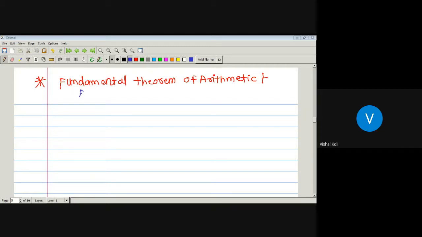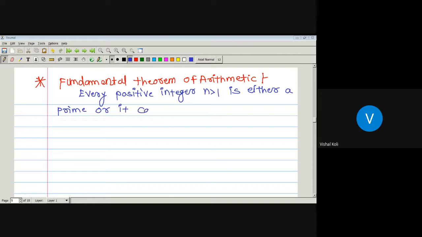Every positive integer n greater than 1 is either a prime or it can be expressed as a product of primes uniquely.